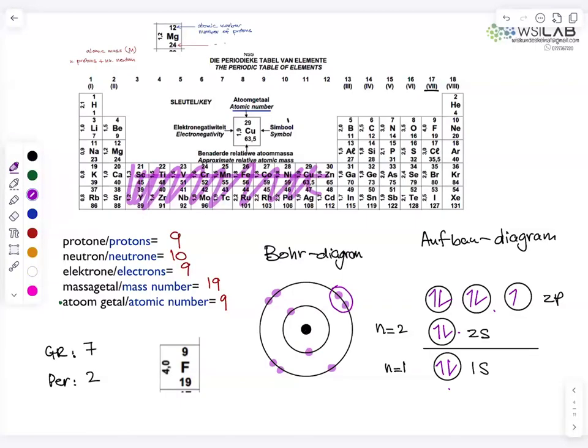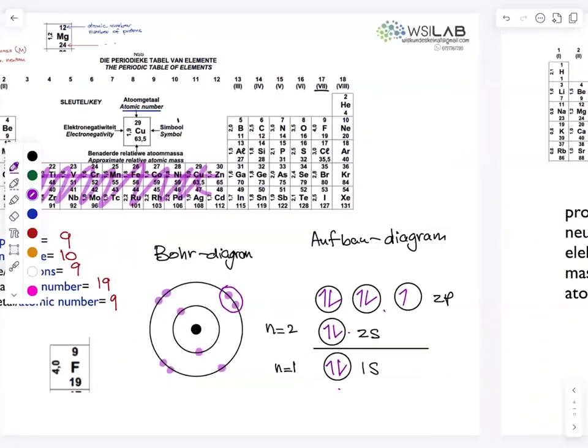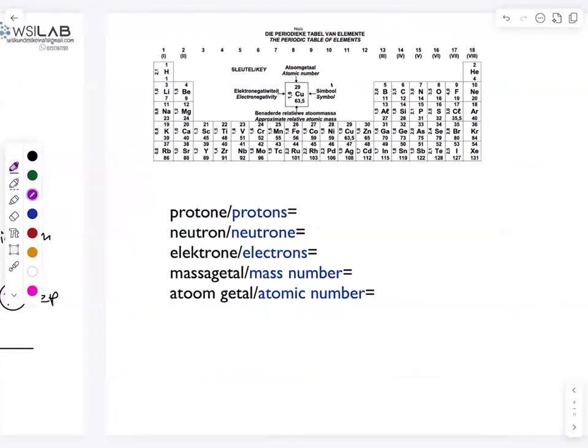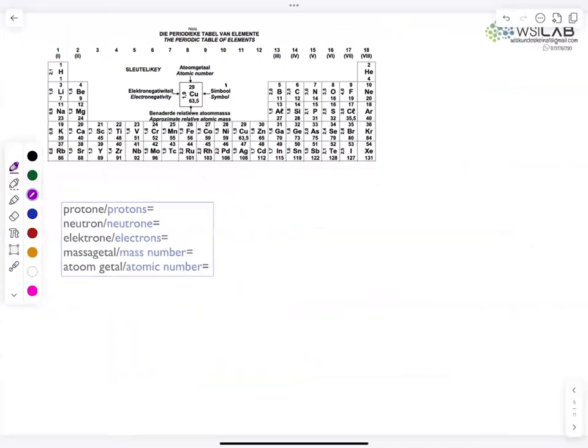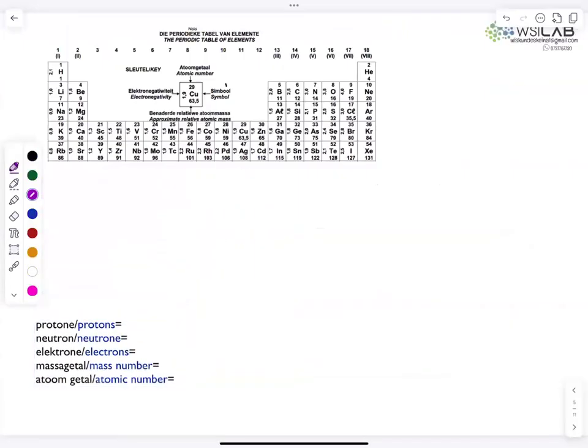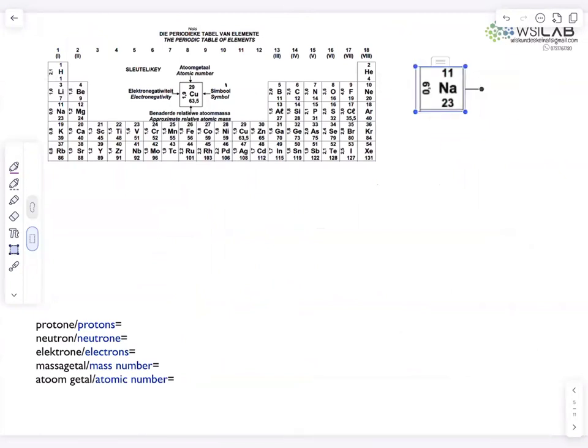Awesome. Then we're going to run through this work really quickly. So I am going to choose another example. We are going to use sodium. I'm just going to copy it here. Sodium is a very important element. We use that a lot.